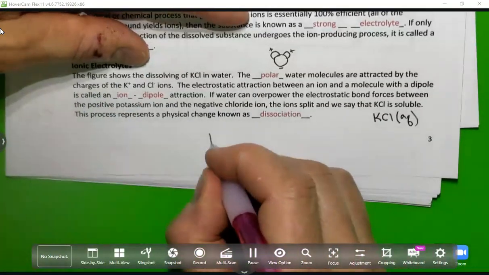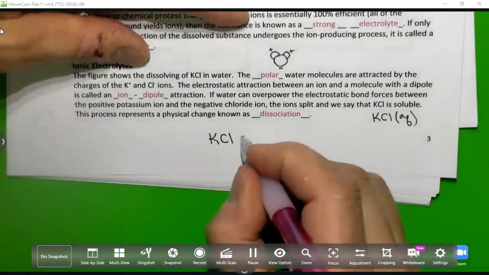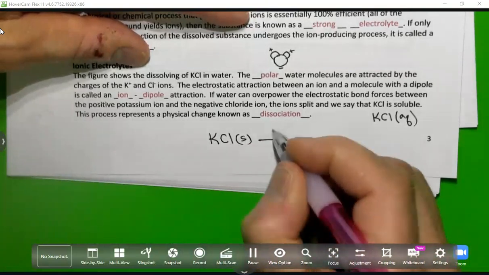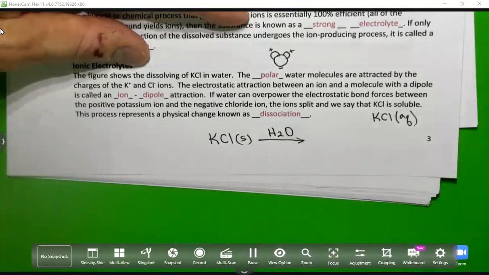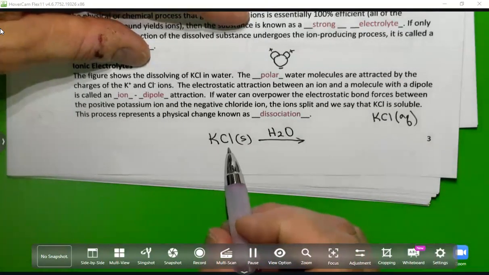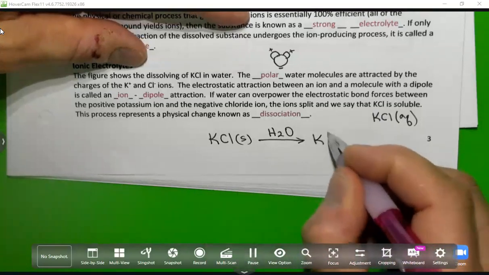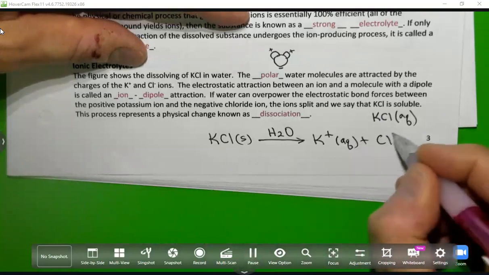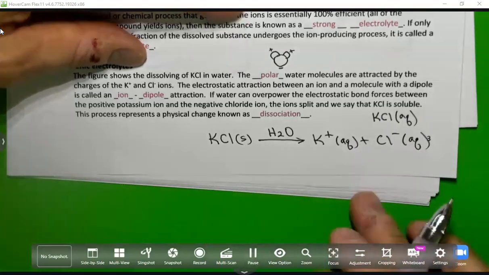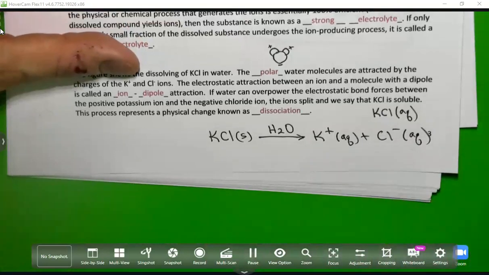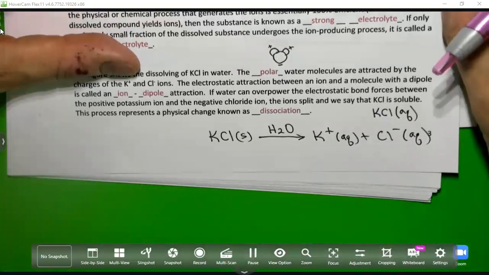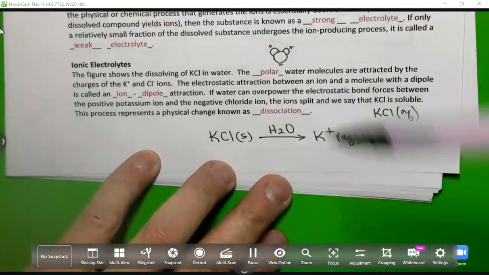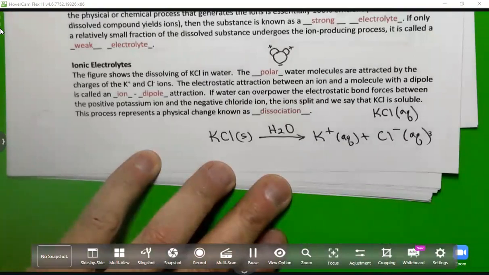What that truly looks like is this. If you have KCl solid and added water to it, this is a solid crystal of KCl, you are going to get K plus, we write aqueous, and you're going to get Cl minus, we write aqueous like that. In lab, you're going to talk about how many moles of ions you get.